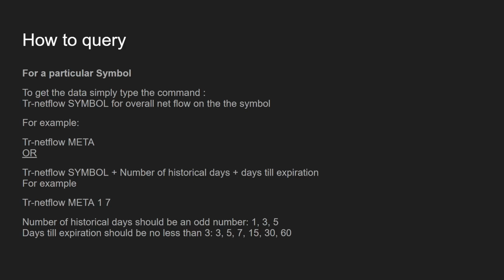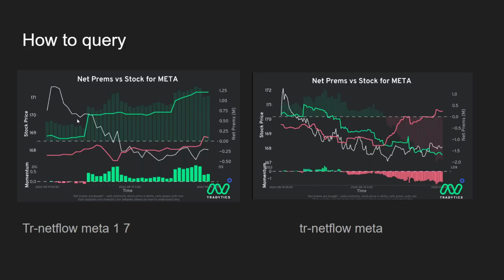To type in the command, all you have to do is type in tr hyphen netflow as one word, then a space, and then meta, which is the name of the stock. By doing this command, you will get a chart, which we will talk about in detail in a minute, showing the overall sentiment for Meta.